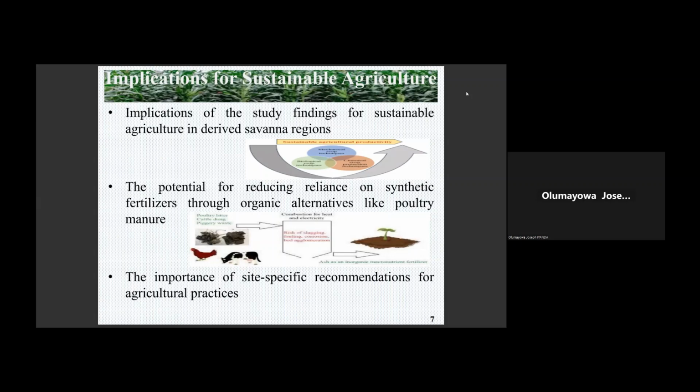There is also a need for recommendations on adopting organic sources of fertilizer for marginal soils, which are evident in this region.